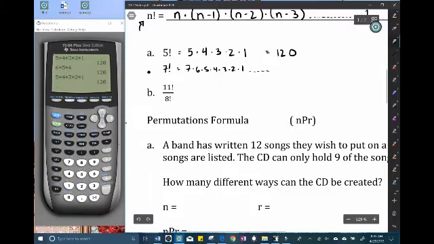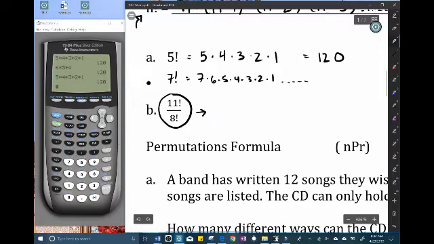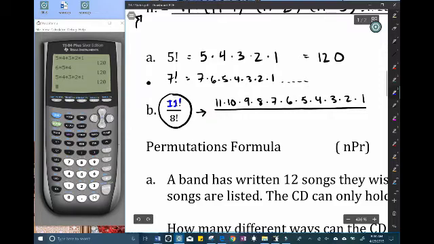Anyway, for letter B here, we can also divide factorials. Here's the cool thing with those. If you were to write this part out, 11 factorial is 11 times 10 times 9 times 8 times 7 times 6 times 5 times 4 times 3 times 2 times 1. 8 factorial in the denominator is the same as 8 times 7 times 6 times 5 times 4 times 3 times 2 times 1.